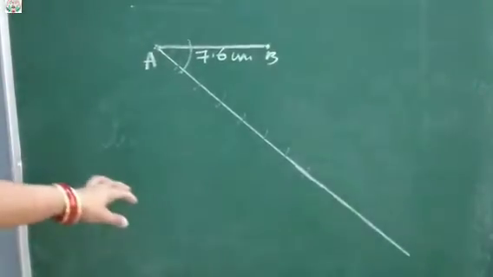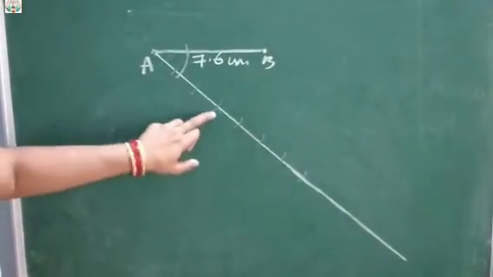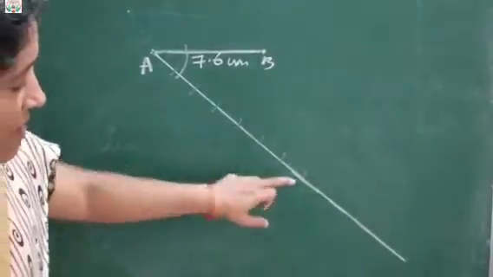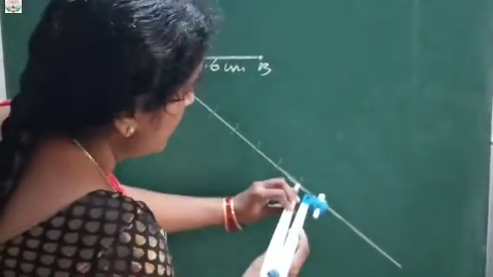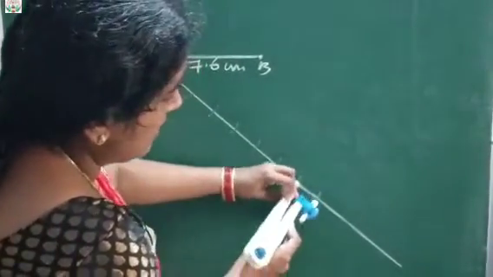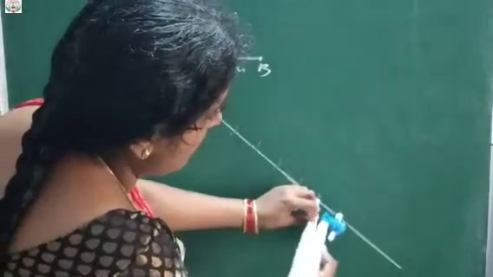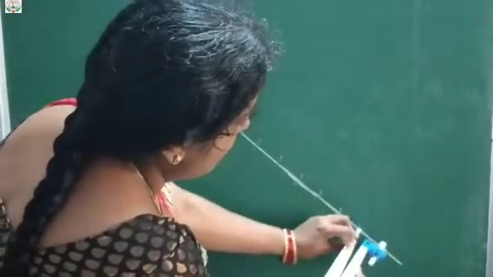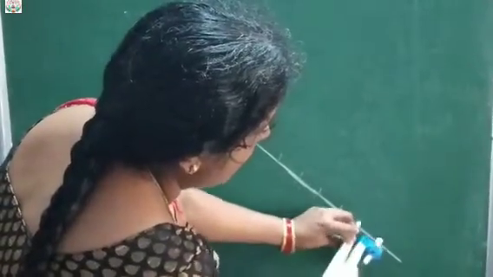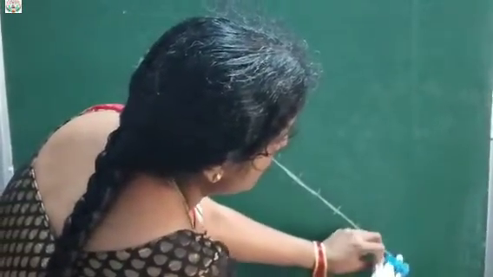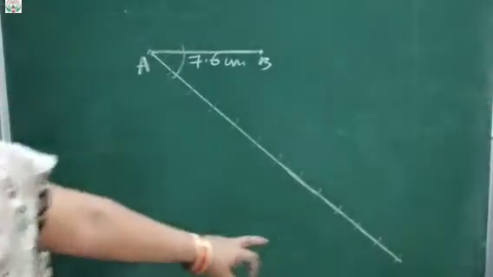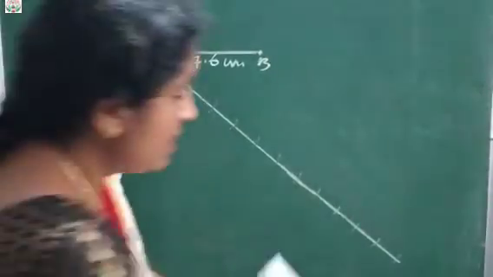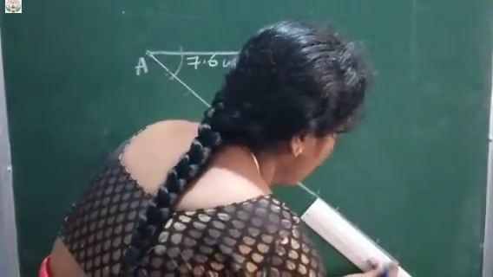So now 1, 2, 3, 4, 5, 6, 7, then 8, 9, 10, 11, 12. Still one more I need, so make it a little bigger.